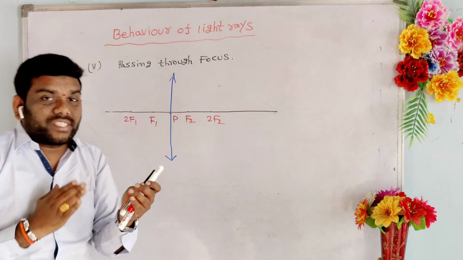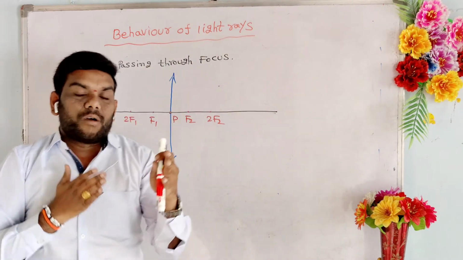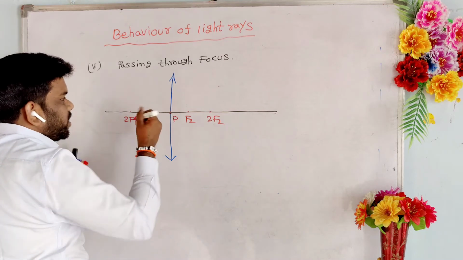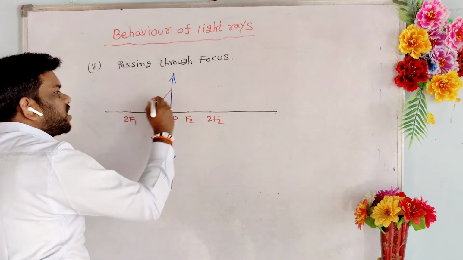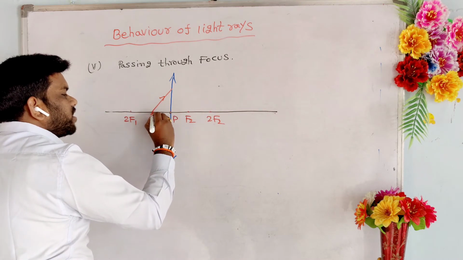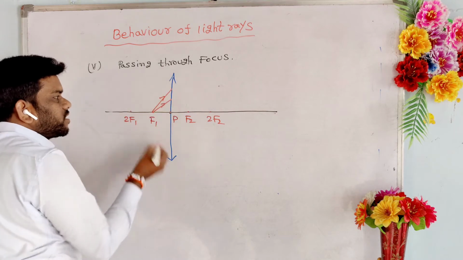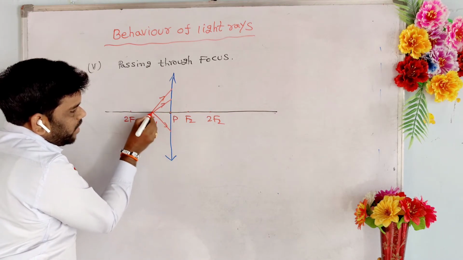Now, passing through focus means all light rays are starting from the focus. See, from the focus, touching the lens. And another light ray starting from the focus, touching the lens. And this one.